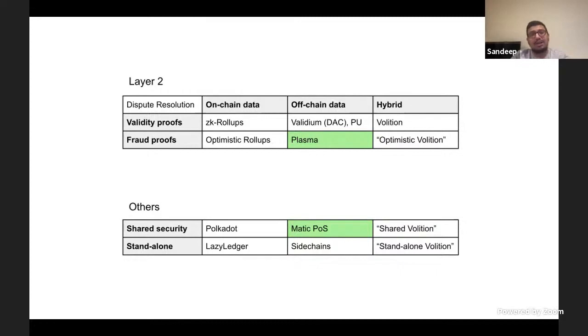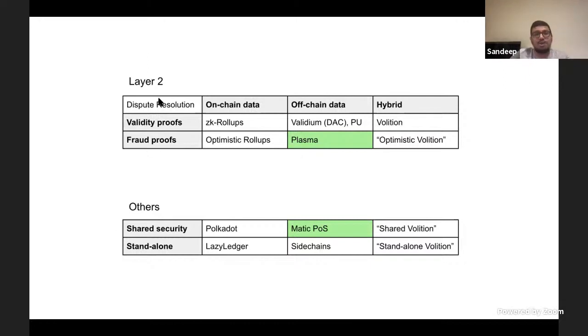So these two things get very important: whether the data you are computing on the layer 2 is available on Ethereum, or is not available directly on the Ethereum layer, and then how you are going to solve the dispute.